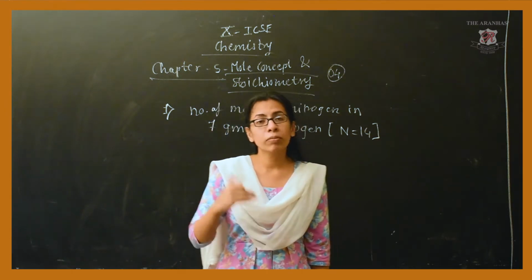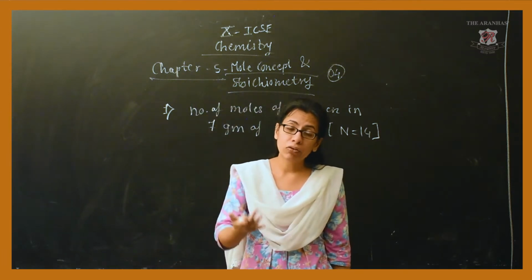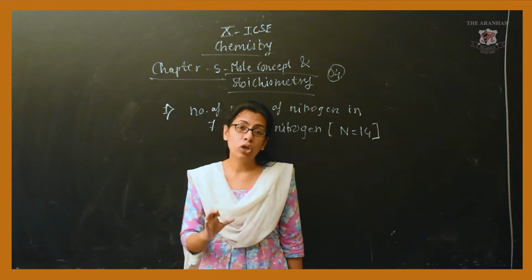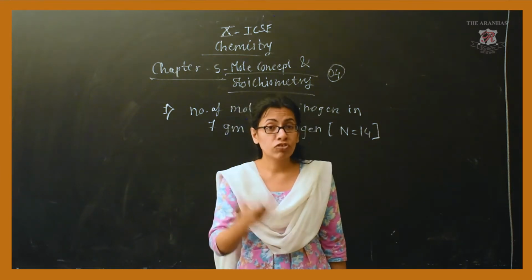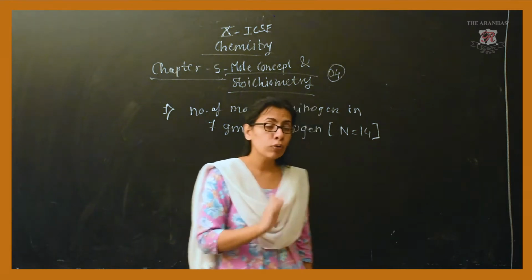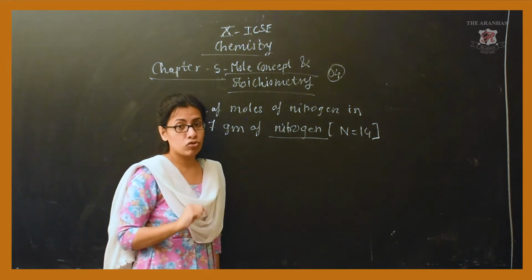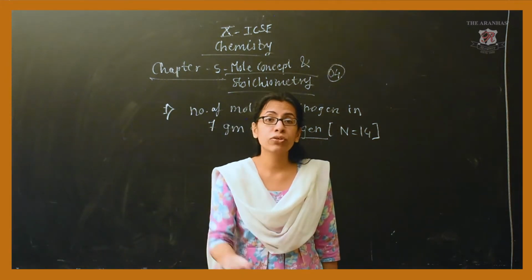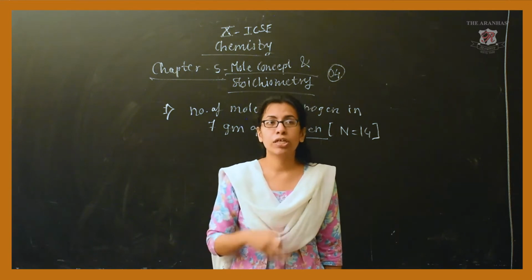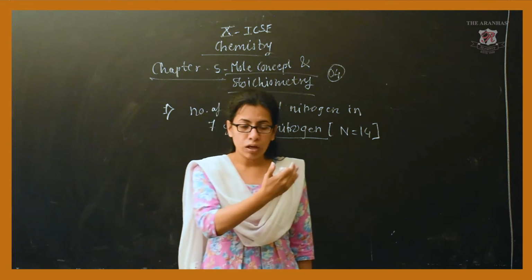These atomic masses are helpful for you to calculate the total molecular mass of the given molecule they have asked about. Now here, which molecule have they asked about? Nitrogen. You should know clearly how nitrogen exists, whether it is monoatomic, diatomic, or triatomic.